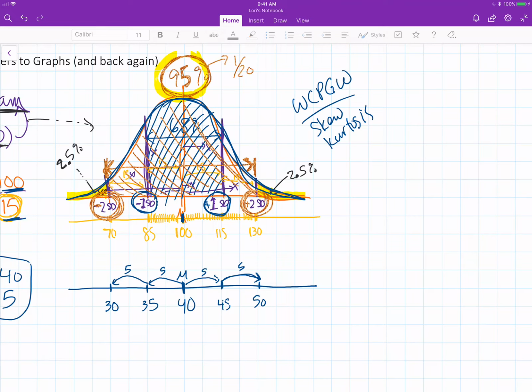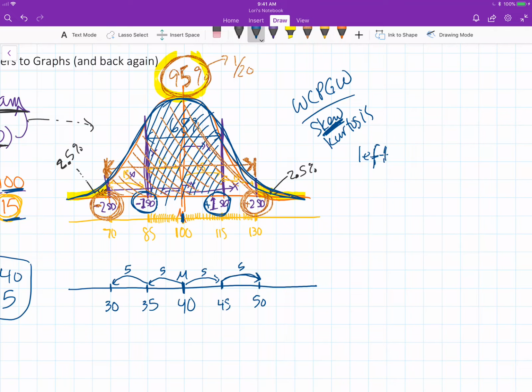One of the things that students sometimes struggle with is keeping track of left skew and right skew. So what I want to do is draw them for you. Left and right. And I'll draw the curve, but then I'll put an extra long tail over where the skew is.